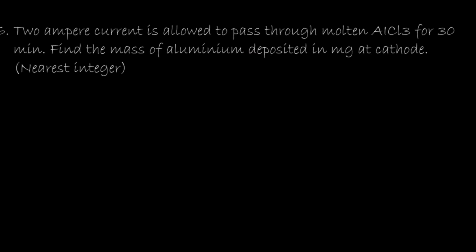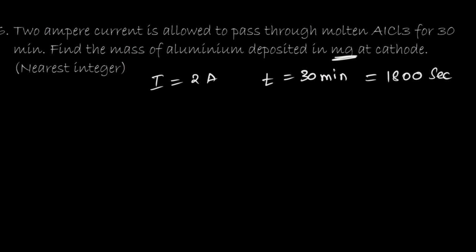This question: 2 ampere current is allowed to pass through molten AlCl3 for 30 minutes. Find the mass of aluminium deposited in milligram at the cathode. So the current is given, that is 2 ampere, then the time is 30 minutes. So minutes converted to seconds, 30 into 60, it becomes 1800 seconds.